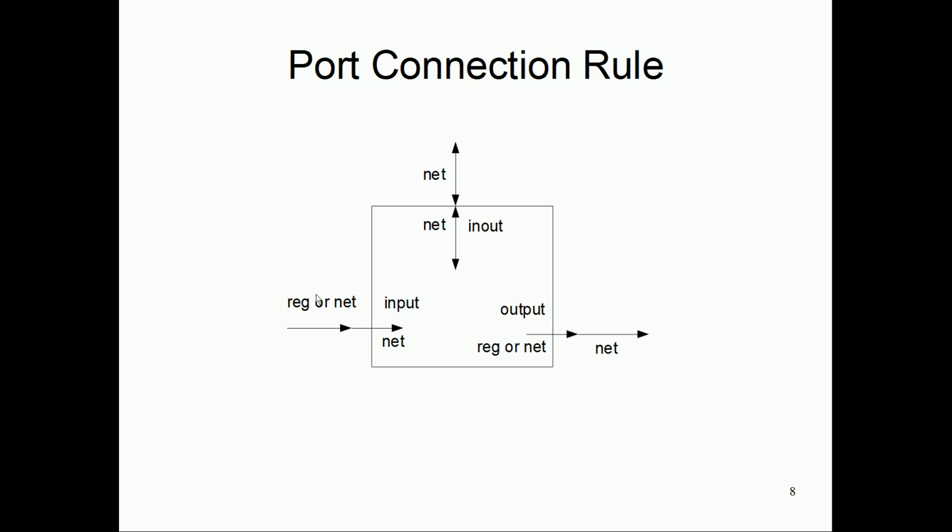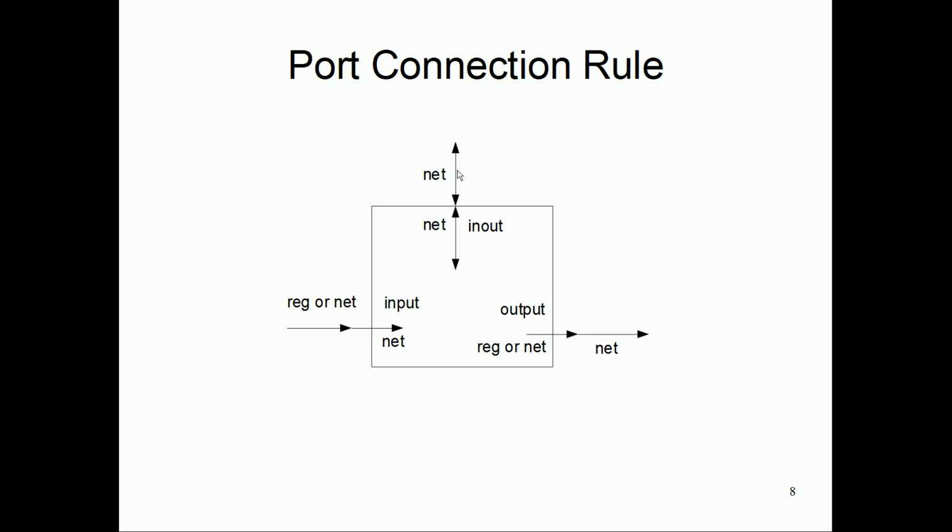So the output has to be connected outside with a net, but from inside we can connect either a net or register. For the input port, inside it has to be a net. It cannot be connected to a register, but at the outside of the block it can come from either a register or a net.